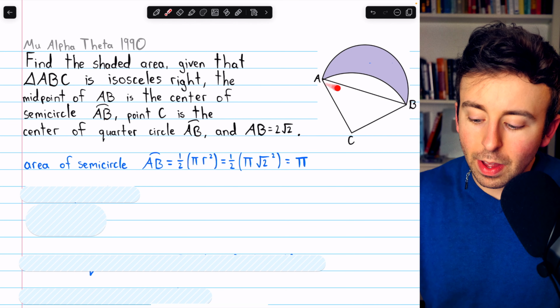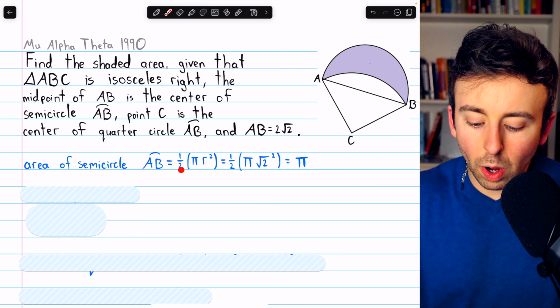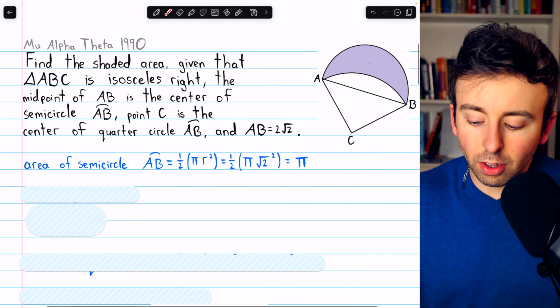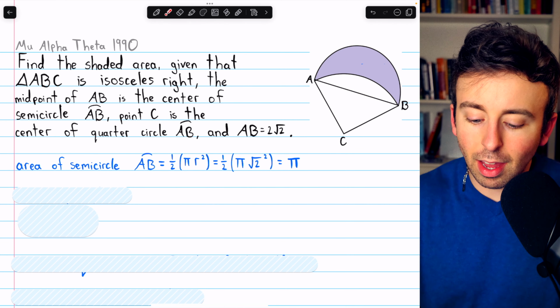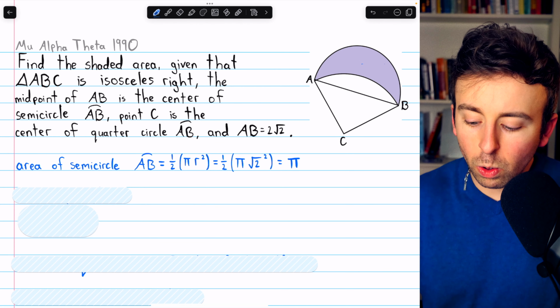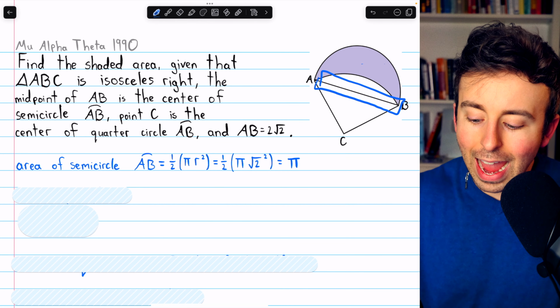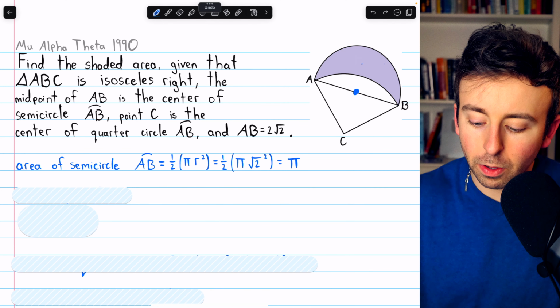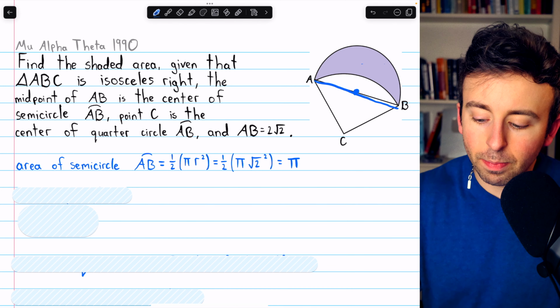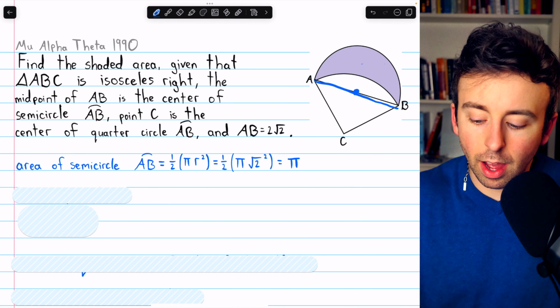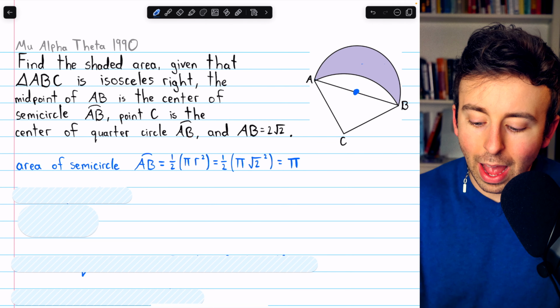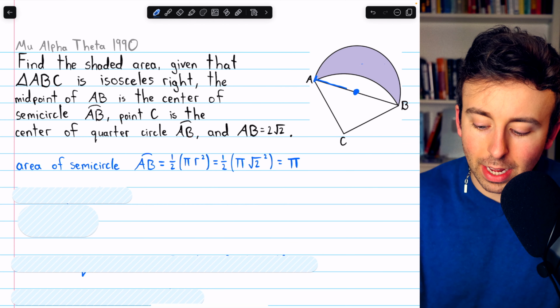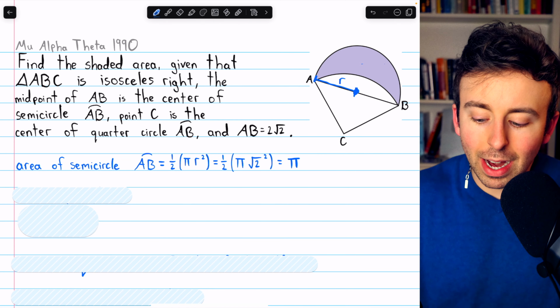The area of a semicircle is, of course, 1/2 pi r squared. So what is the radius of this semicircle? Well, we are told that the midpoint of AB is the center of the semicircle, which means AB is a diameter of the semicircle, and so half of AB is actually a radius.